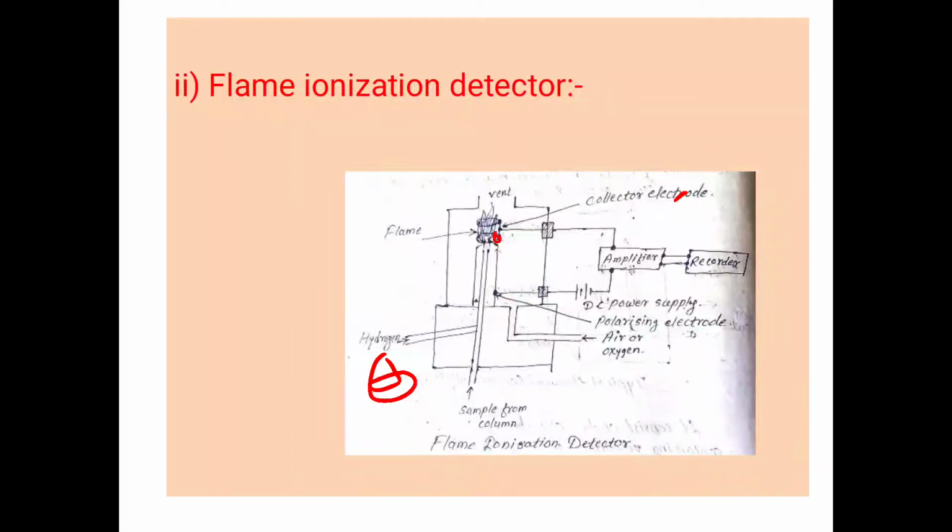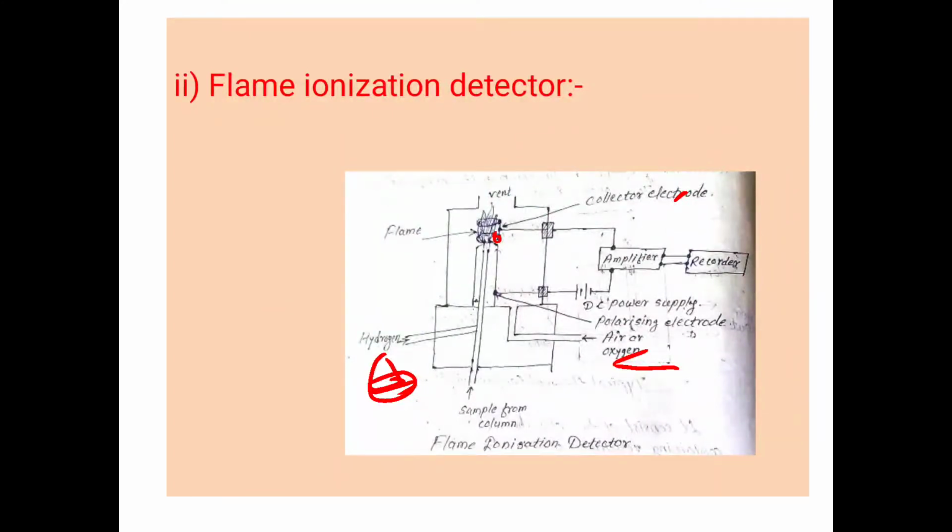So in this detector, the electrical conductivity of gases is determined, and gases at normal temperature and pressure are insulators but will become conductive of ions if electrons are present. Hydrogen is added from this side if it is not used as a carrier gas, and the mixture is burnt in air or in the presence of oxygen, here in the flame.